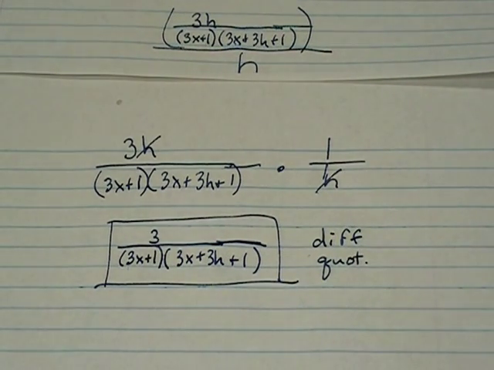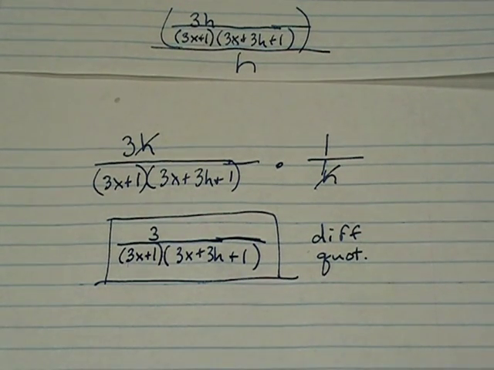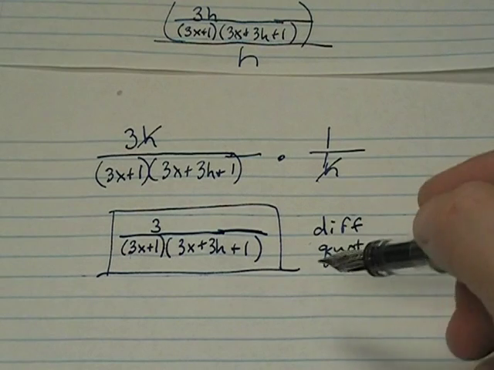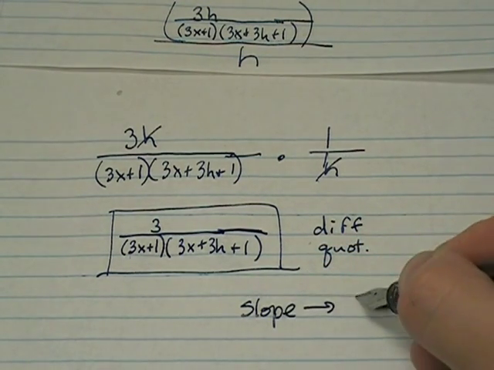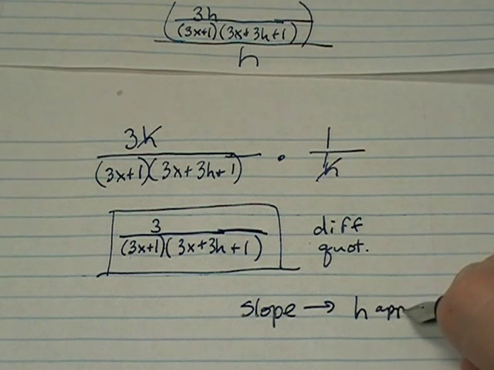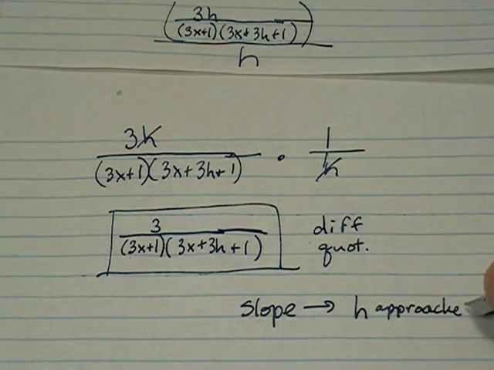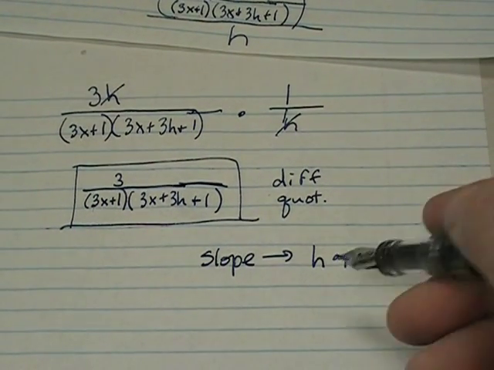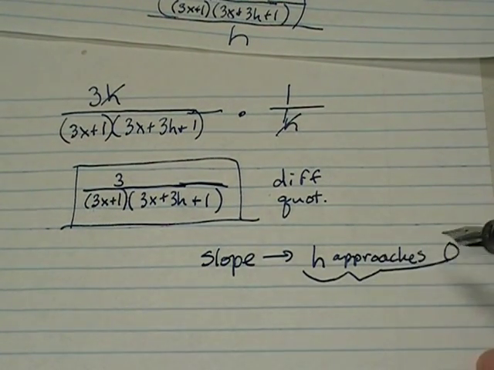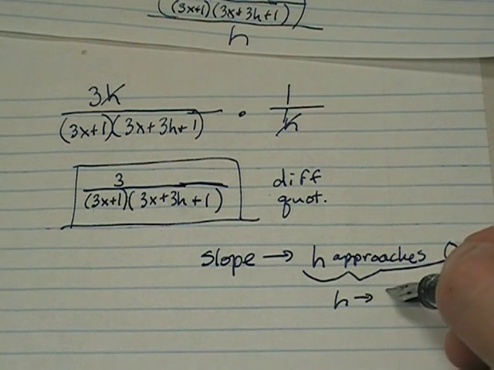So if someone asks you to find the difference quotient, that would be it. And most people get lost in the fractions. What if they ask you to find the slope? Well, to find the slope, h approaches 0. A lot of times this is written as the limit as h approaches 0.